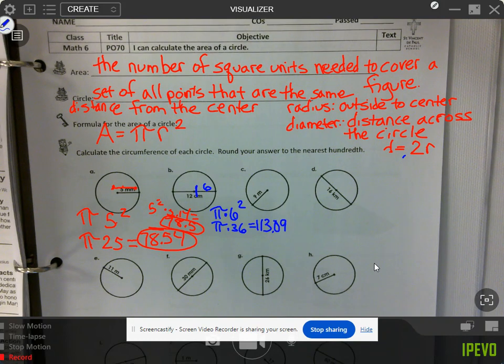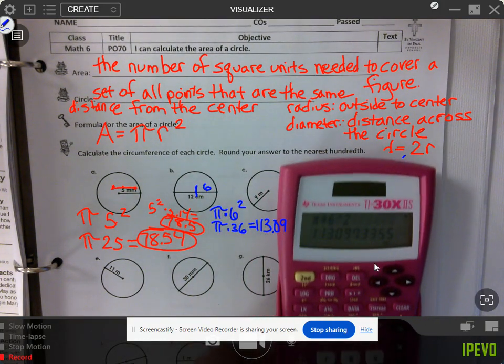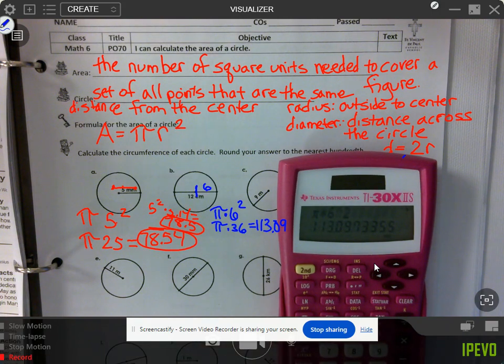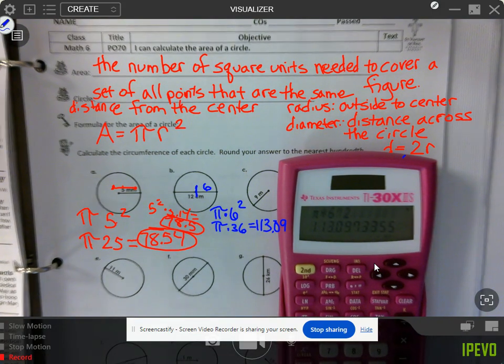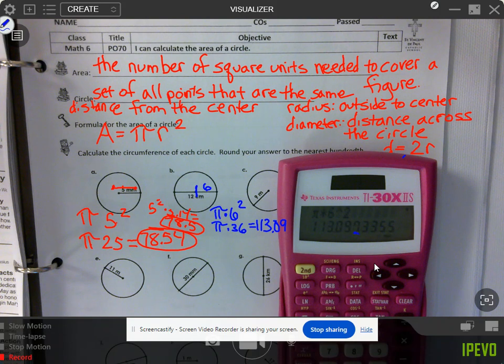So this is something really good to think about. If we have 113.097, when that thousandth place is a 7, it means we have to round up. 5 or higher, we round up. So we're given a 9 in the 100th place. One more added to 9 is 10.